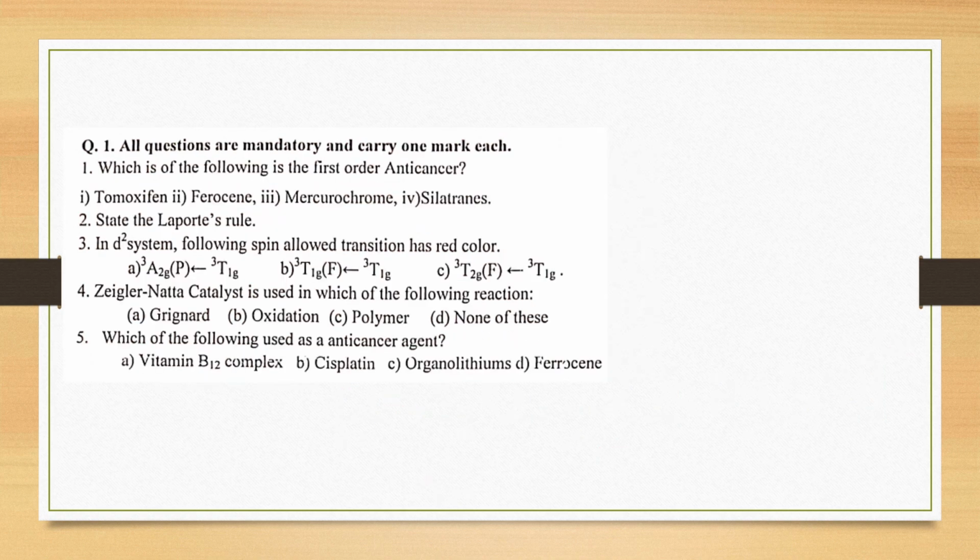Now let's start. Which of the following is first order anti-cancer? Ferrocene? No, it would be tamoxifen. The Laporte rule: delta L must be plus minus 1 in the D2 system.